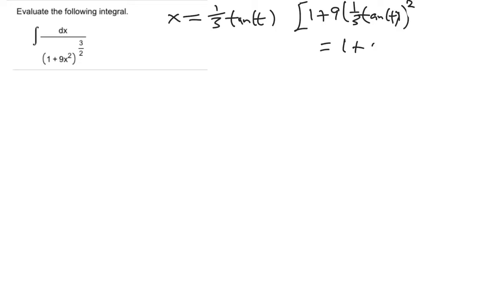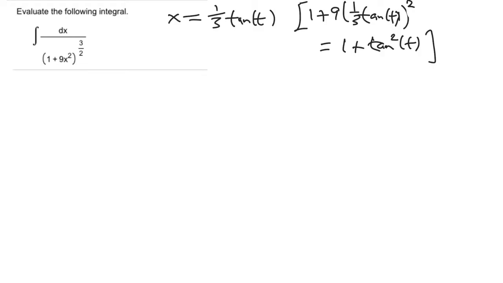So this will result in 1 plus tangent squared t. The whole reason for doing that is because we know the identity 1 plus tangent squared equals secant squared.